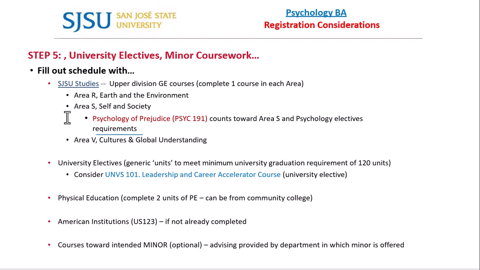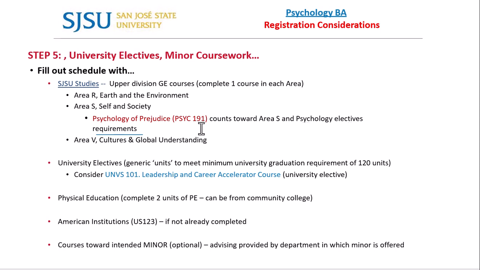Now I want to point out one psychology course that is in area S of SJSU studies. That is the Psychology of Prejudice course. That's Psych 191. Most psych majors take Psych 191 because not only does it fulfill area S of SJSU studies, but you can also use it to count towards one of your psychology electives.